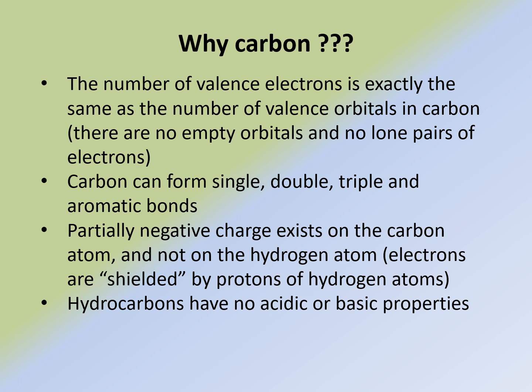First of all, the number of valence electrons of carbon is equal to 4. And the number of orbitals on the outer layer is also equal to 4. So there are no empty orbitals in carbon. And there are no lone pairs of electrons. And of course, there are not even unpaired electrons. And it means that in compounds made of carbon and hydrogen and maybe some other elements, carbon is very stable.